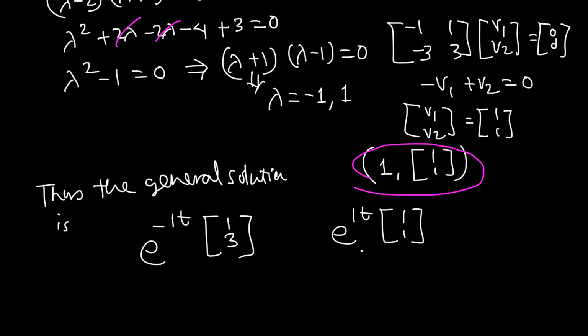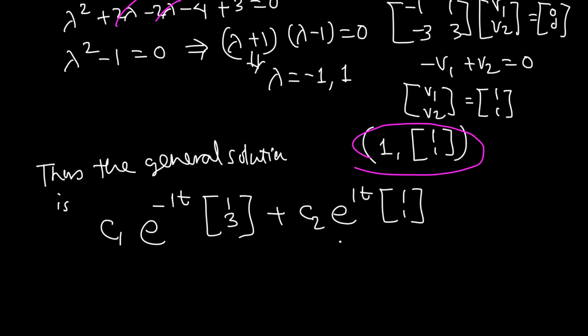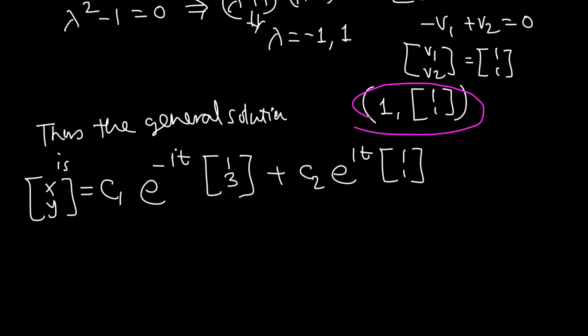Two solutions and a linear combination means c1 times the first solution plus c2 times the second solution. That's the general solution. We can say x, y: so x of t, if we read off the top, is x as a function of t, and y equals the bottom. Okay, that's the final answer.